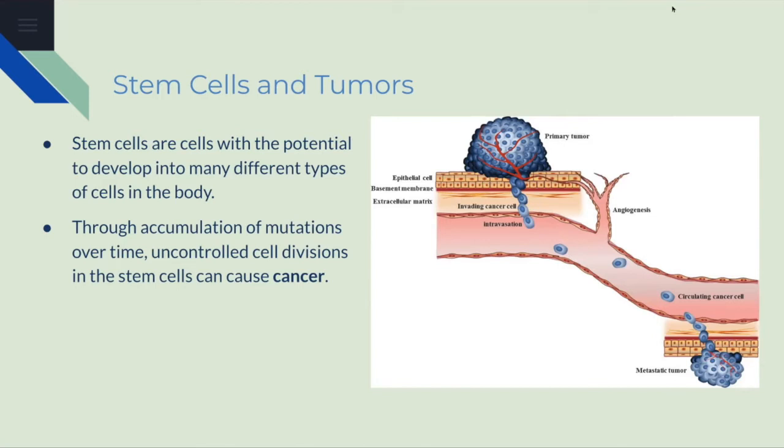But if things go very bad with more and more mutation accumulation, the cell division goes out of control and they actually move through the bloodstream to a different region in the body, which is very bad for the individual, since it leads to more unpredictable behavior of these cells, and it becomes harder to remove them from the body. Next slide, please.